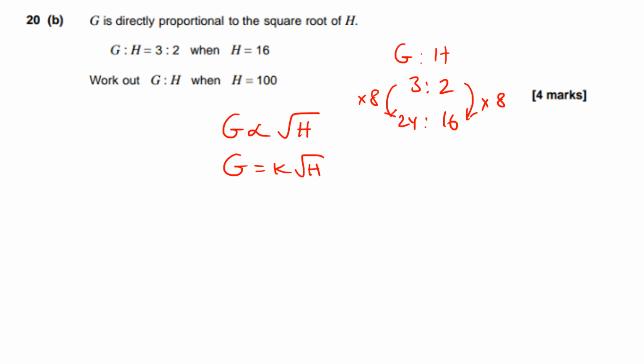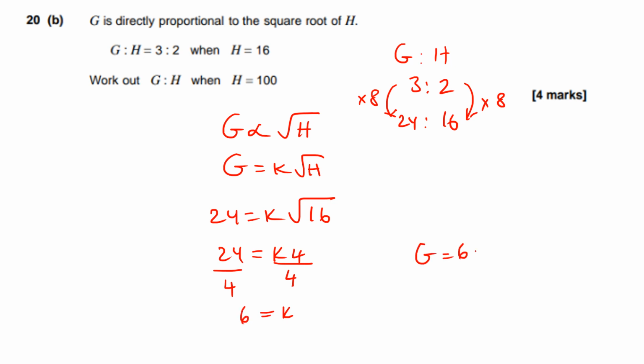So if G is 24 and H is 16, I can find out the constant, right? So that's going to be divided by 4. K is going to be 6. So G is 6 root H. If H is 100, what is G, is what we're trying to find out.